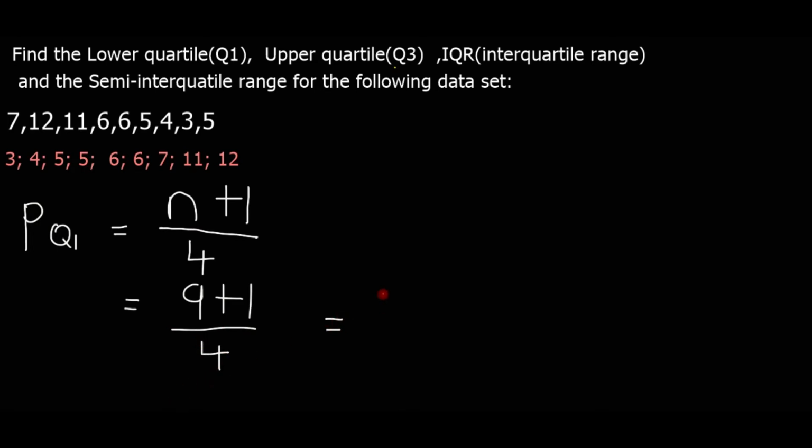So 9 plus 1 gives 10, and 10 divided by 4 is 2.5. So this 2.5 is not Q1, it is the position of Q1. It means to find Q1 we must go to position 2.5.